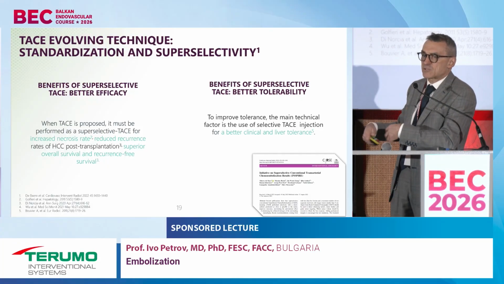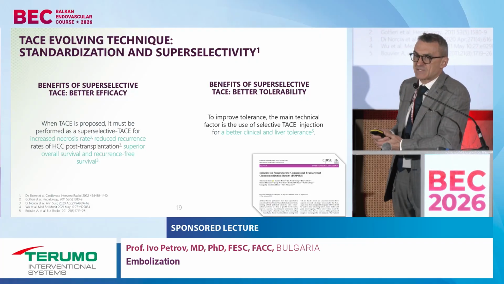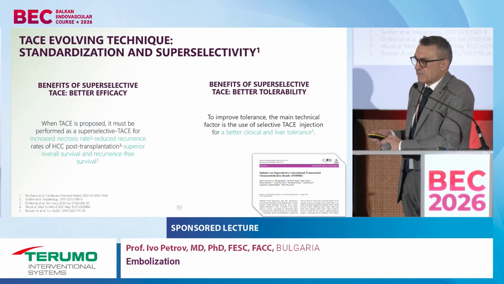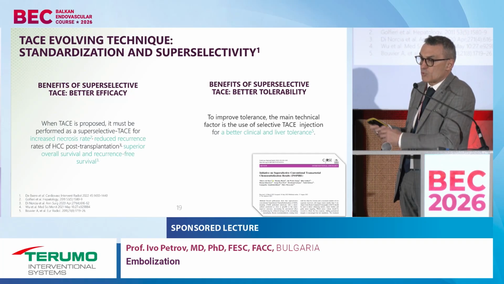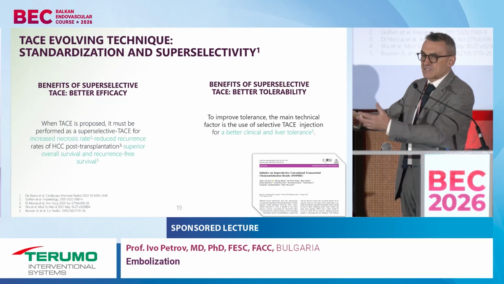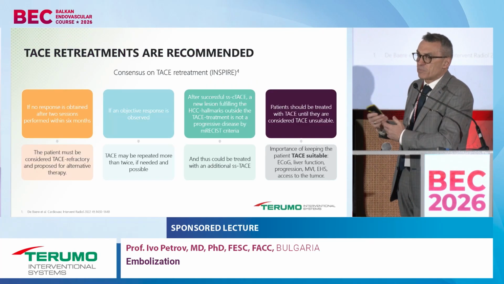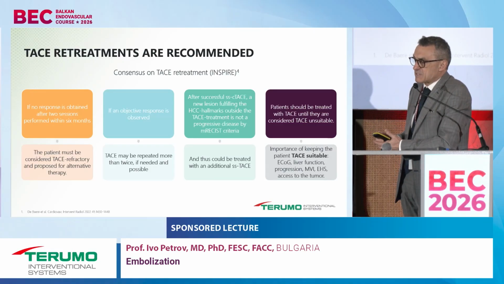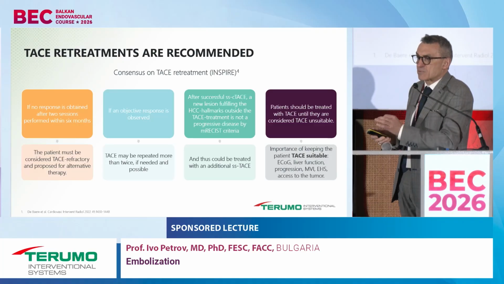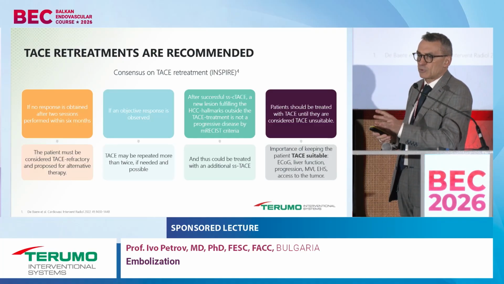We have to have super selective access to the tumor feeder. And with bioresorbable particles, we have real, direct access to this super selective vessel that is supplying the tumor. And especially for small tumors, this is absolutely crucial.